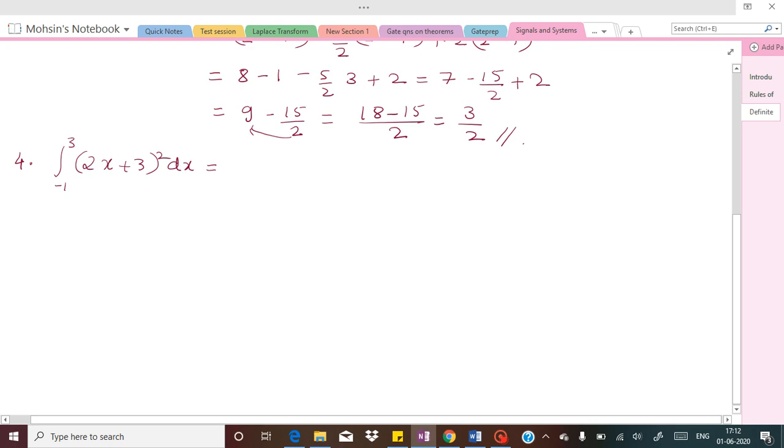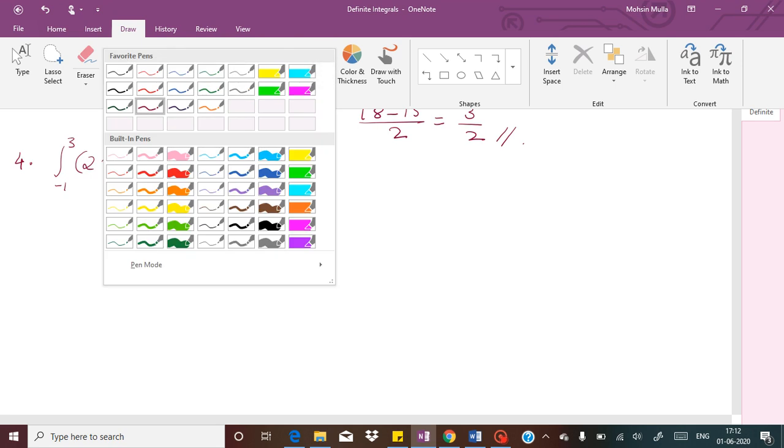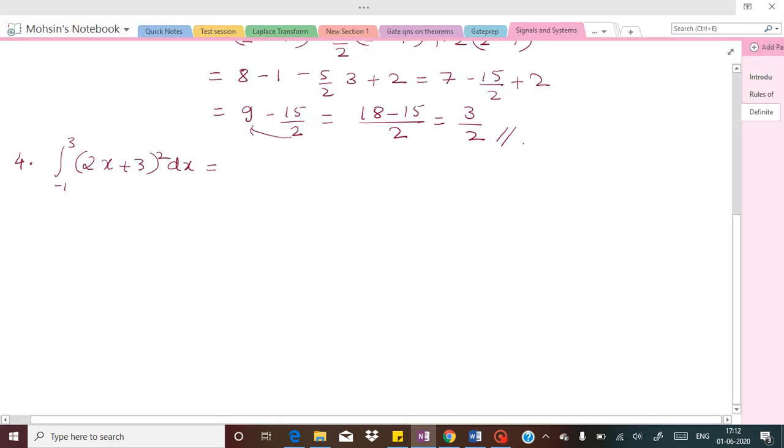Between −1 and 3, (2x + 3) into (2x + 3) we can write.